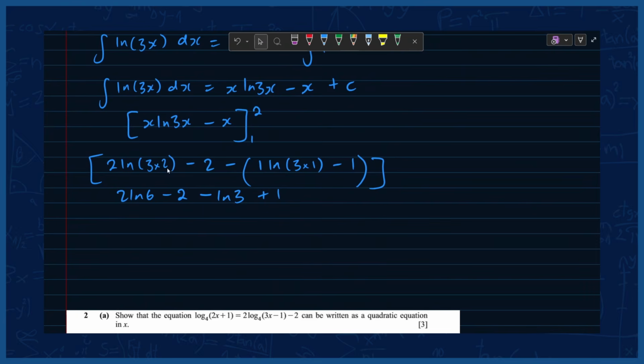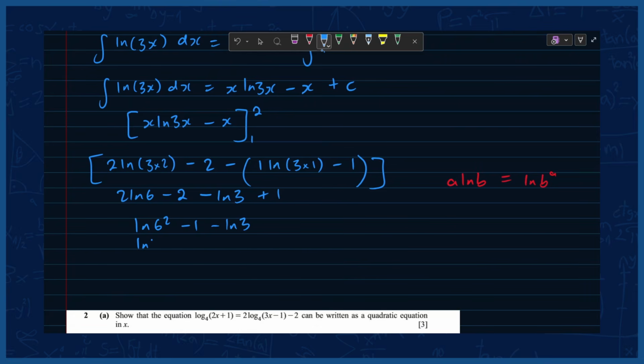So what we can do here is bring the power up on the 2 ln 6. We know that if I have a ln b, this is the same as ln b to the a, so I can bring up the a and it becomes a power. So that it becomes ln 6 squared. Then I've got minus 2 plus 1, which is just minus 1. Then I've got the minus ln 3.